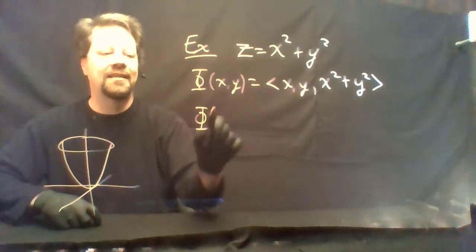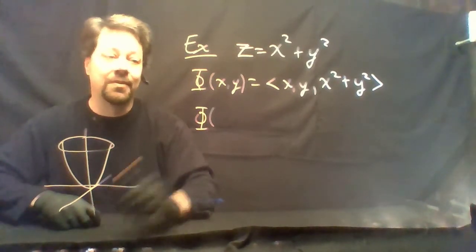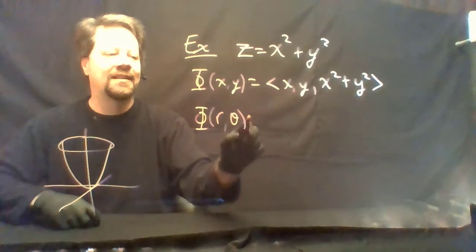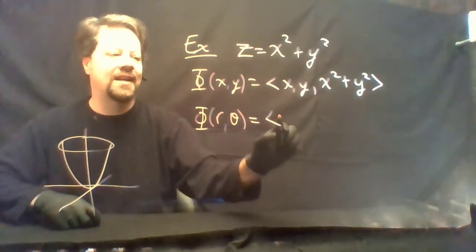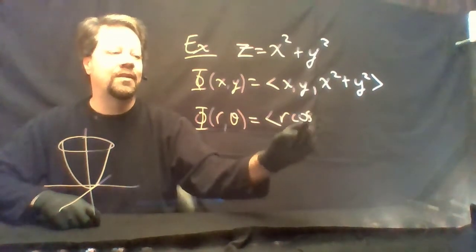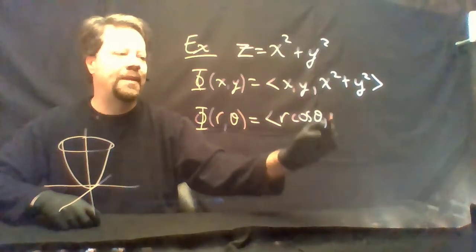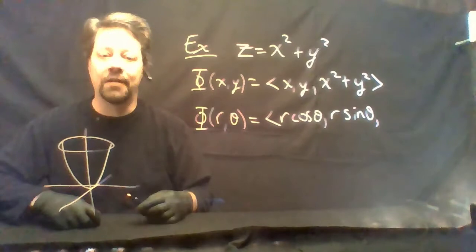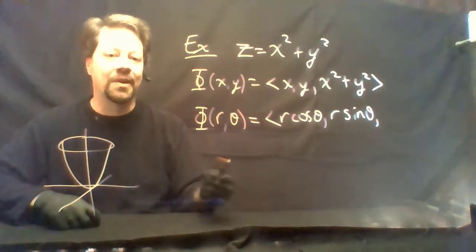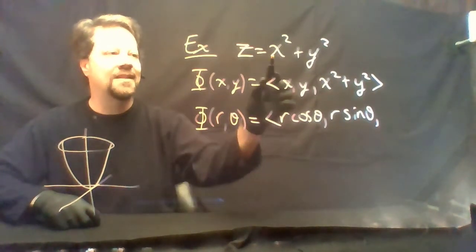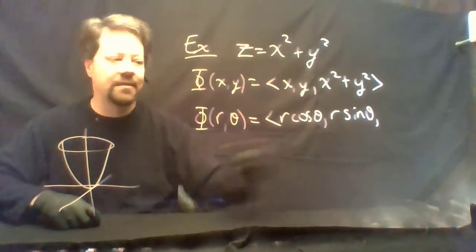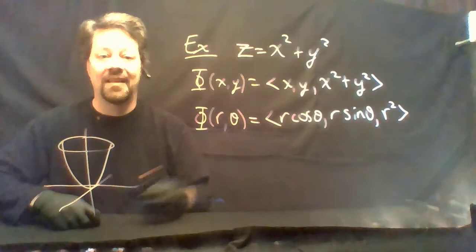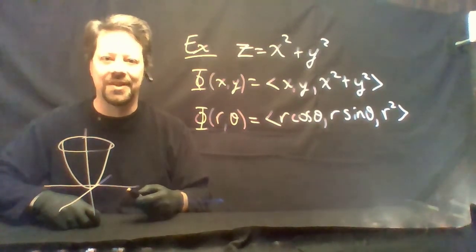But instead, you can also convert to cylindrical coordinates and use r and theta as parameters. In this case, x will be r cosine theta, y will be r sine theta. Those are the usual conversions between cylindrical coordinates and rectangular. And since x squared plus y squared is r squared, z will be r squared. This is a rather convenient parameterization for many applications.